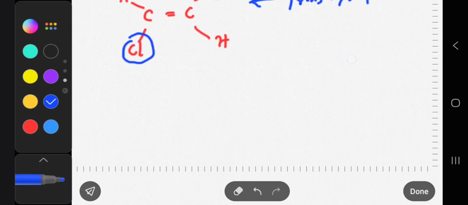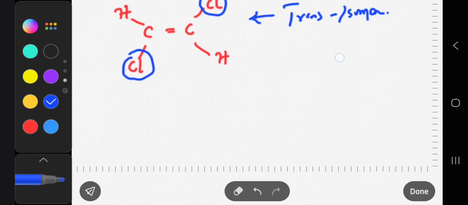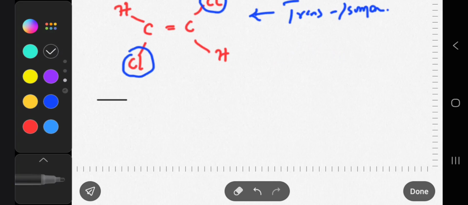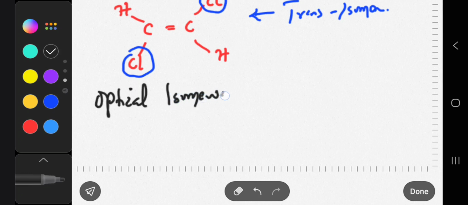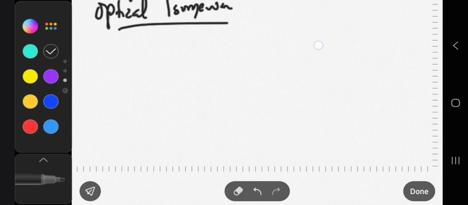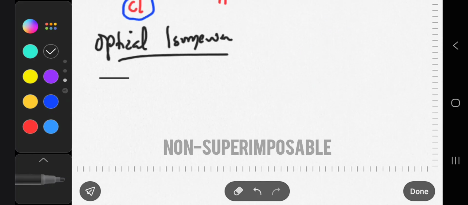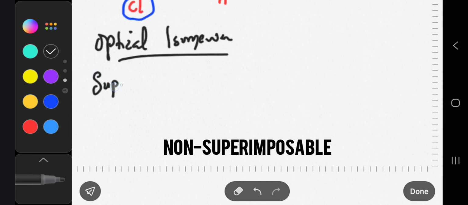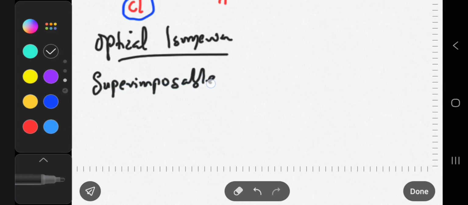All right. So let's go to the next one, which is optical isomerism. Now, optical isomerism occurs in molecules that are non-superimposable. I will explain this. And then the compounds usually possess what we call a chiral carbon.